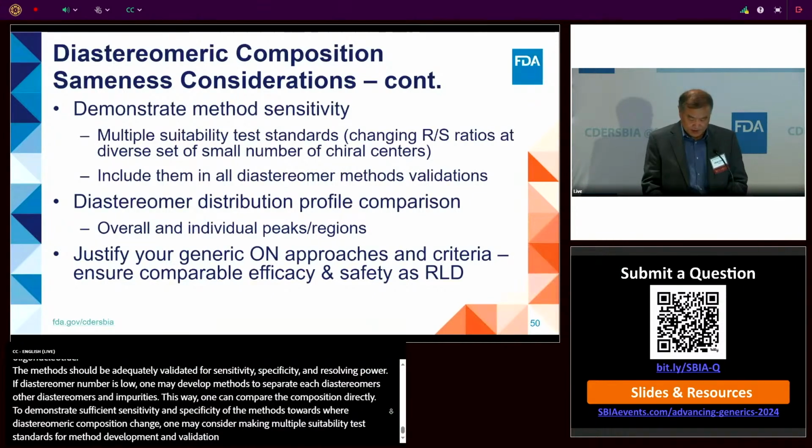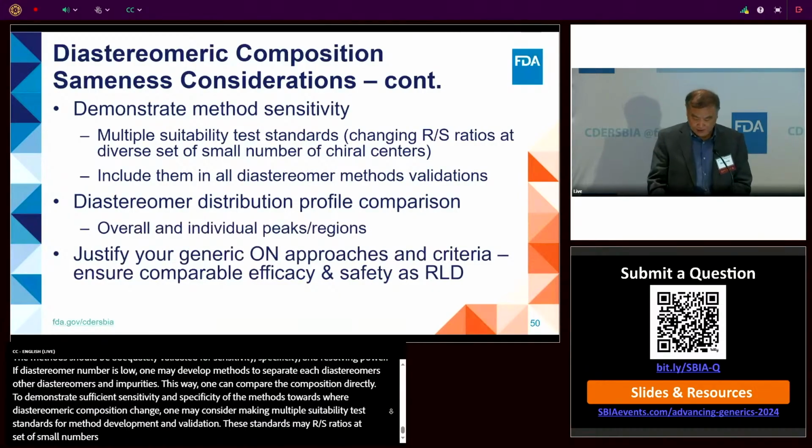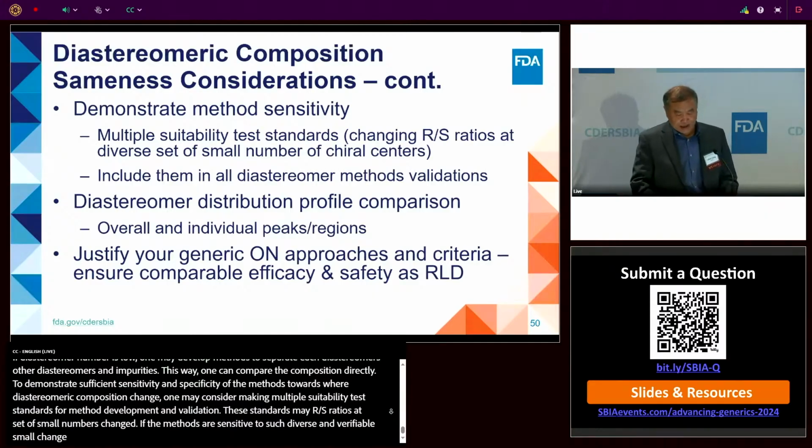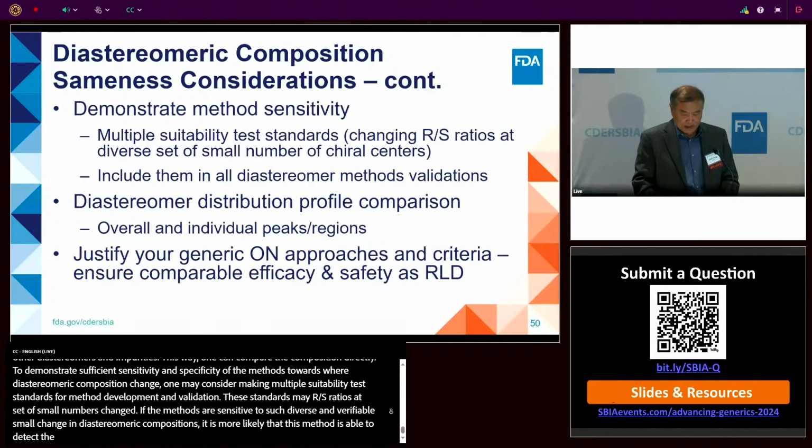These standards may have RS ratios changed at a diverse set of a small number of chiral centers. If the methods are sensitive to such diverse and verifiable small changes in diastereomeric compositions, it is more likely that these methods may be able to detect the diastereomeric composition differences between the test product and the RLD.